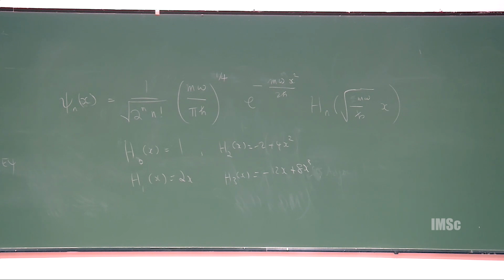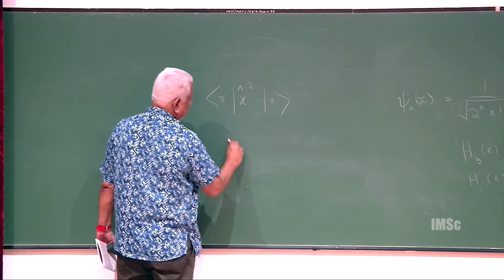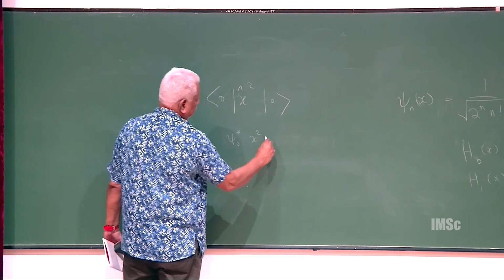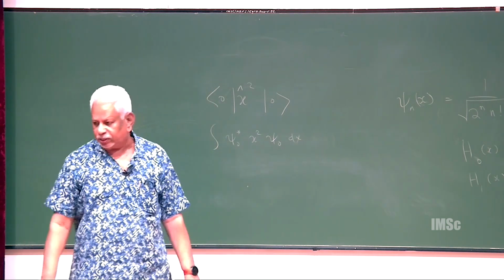If you are interested in doing only functions and calculations, you can sit and calculate this quantity, but don't even try to do that, it's messy. There are other, simpler ways of doing it. You can find the expectation value of x̂² between 0 and 0. This is what is meant by the integral of ψ0* x² ψ0 dx.